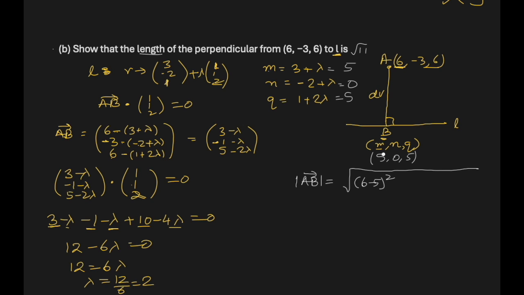So x1 minus x2 squared, y1 minus y2 squared plus z1 minus z2 squared. 1 squared is 1, minus 3 squared is 9, and 1 squared is again 1, and definitely which is square root 11. This is what they were asking us to show, square root 11. That's it.